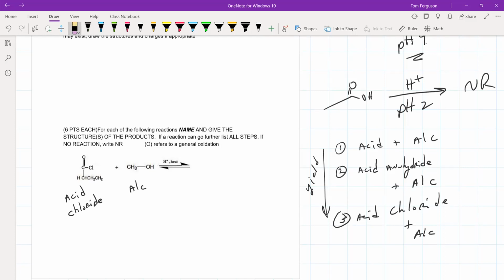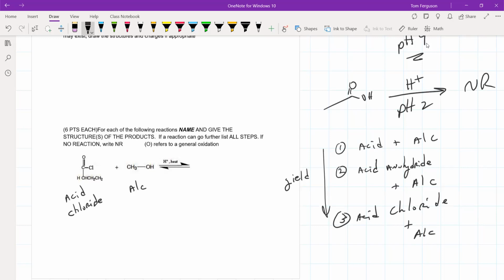That's hard to read. It's supposed to say yield. So the increasing yield. So acid chloride gives the most yield, acid plus alcohol gives the least yield.